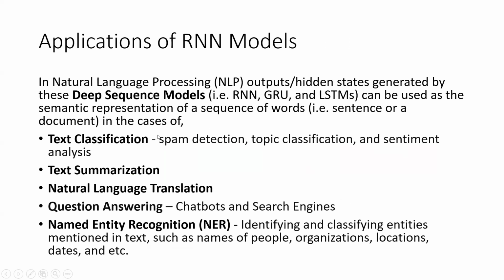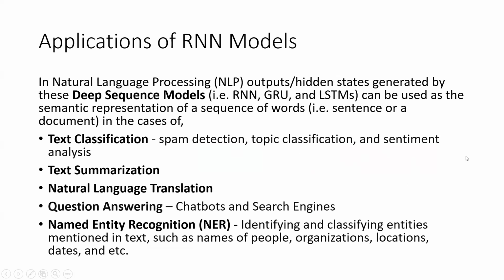For example, text classification, where we do spam detection in email inboxes, and topic classification of documents, whether this article belongs to this topic and that article belongs to that topic. This is about war, this is about economics, this document is about tourism, this document is about entertainment, and those kinds of topic classification.